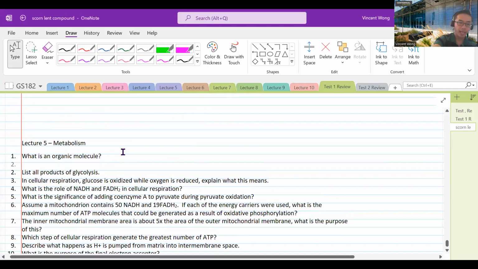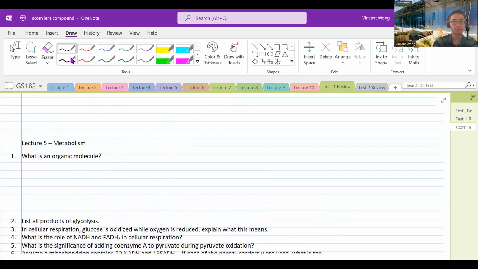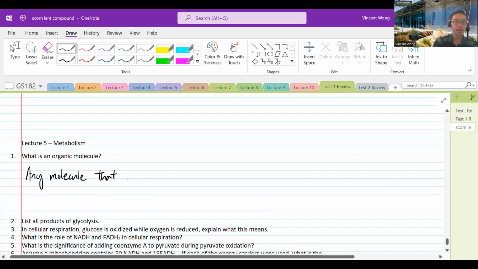What is an organic molecule? I feel like this might have been something that we talked about even in lecture 2, but doesn't matter. An organic molecule is any molecule that contains carbon, except for carbon dioxide, carbon monoxide, and cyanide.